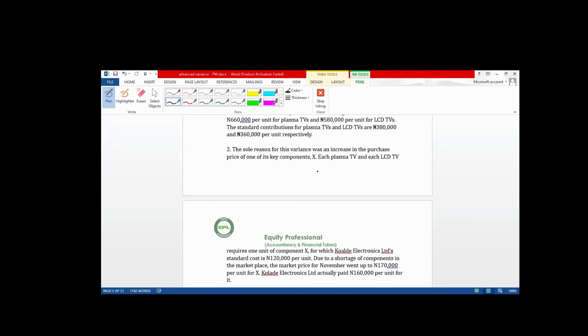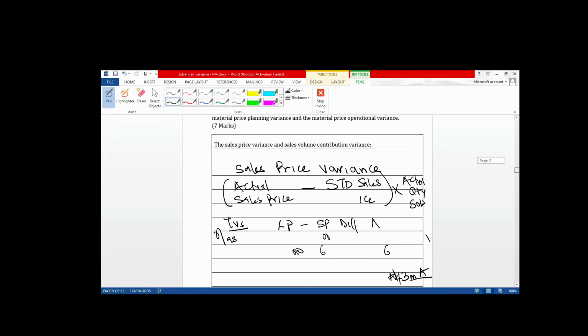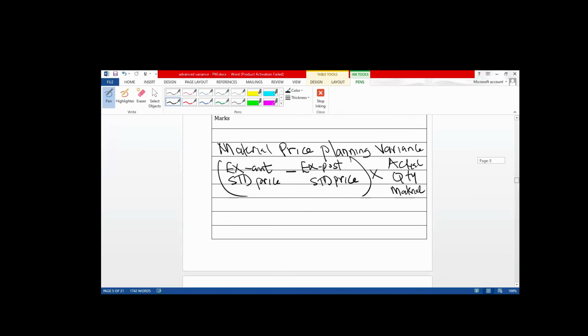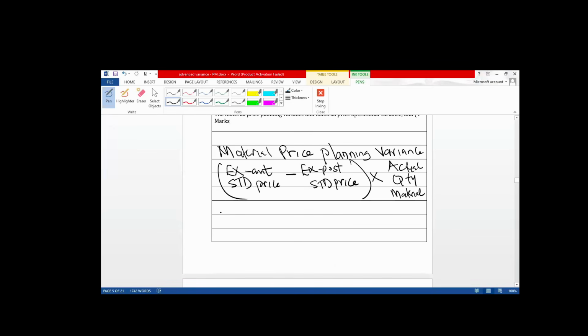That means the standard price should have been 170. Let's pick it now. X ante standard price is 120,000 naira.